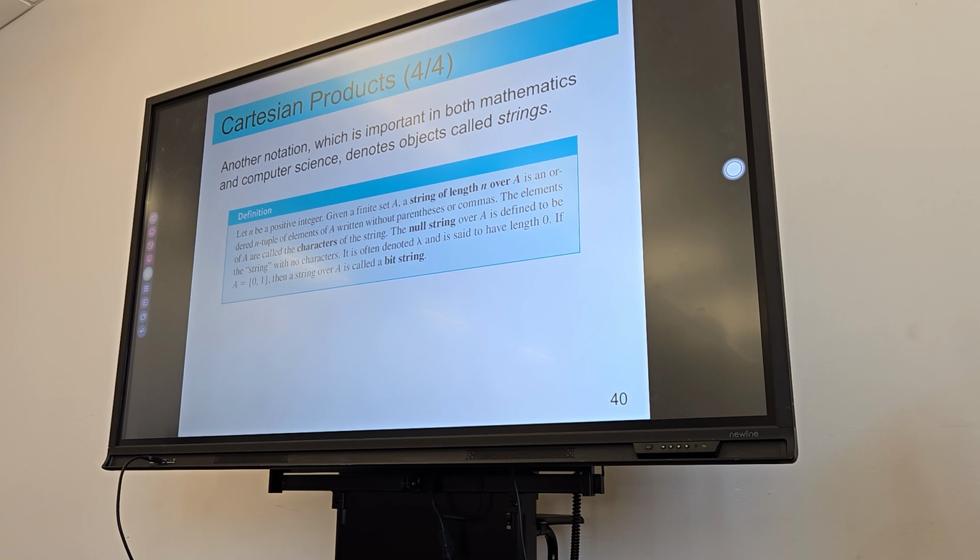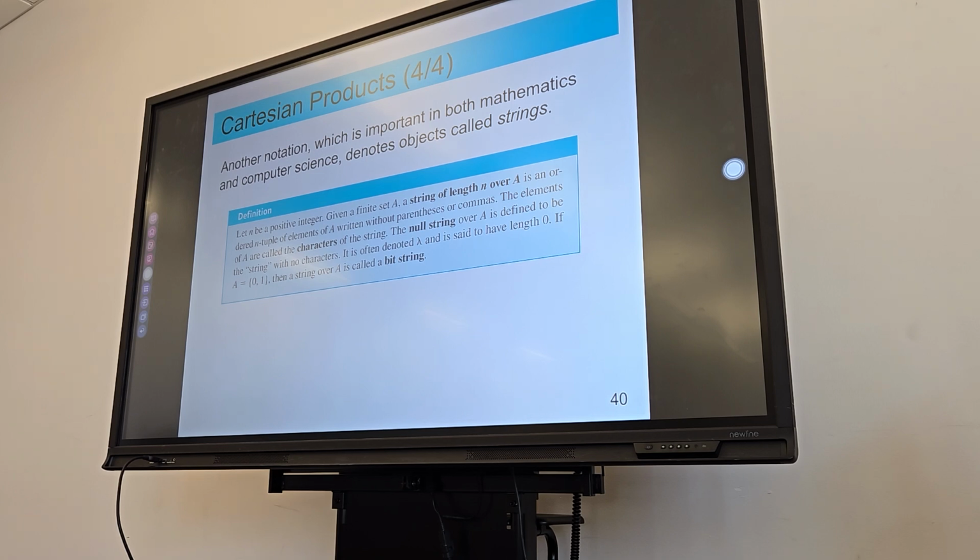The elements of A are called characters of the string. The null string is defined to be the string with no characters. I've never seen this, but they say it's often denoted with a lambda, and it is said to have a length of 0.